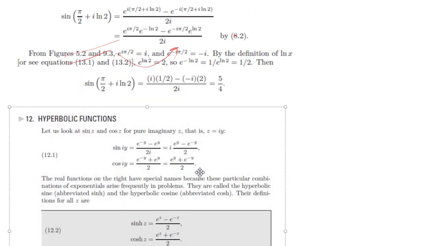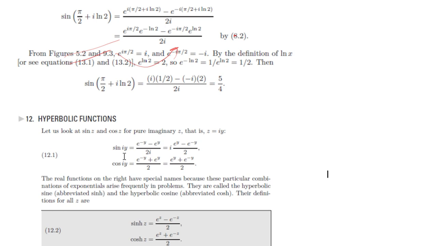Another thing is, you can write hyperbolic functions in terms of complex numbers also. If you have exponentials which do not contain any iota, then you can open sine and cosine which have iota attached to their angle.